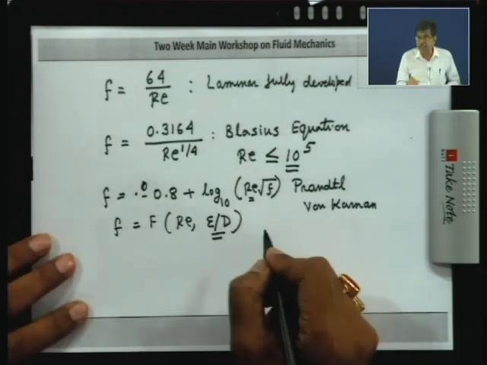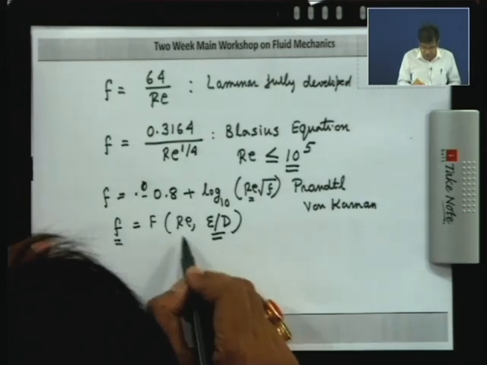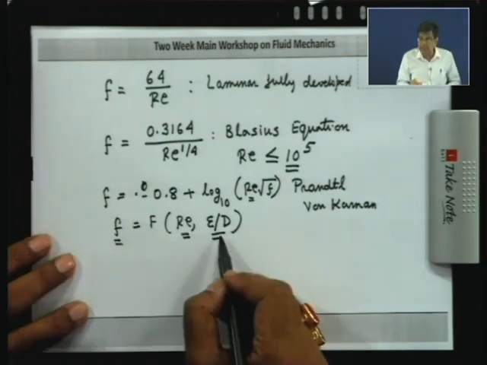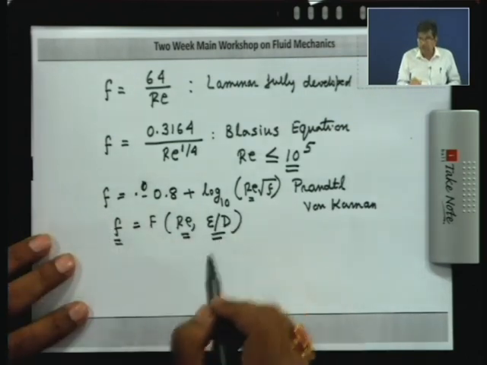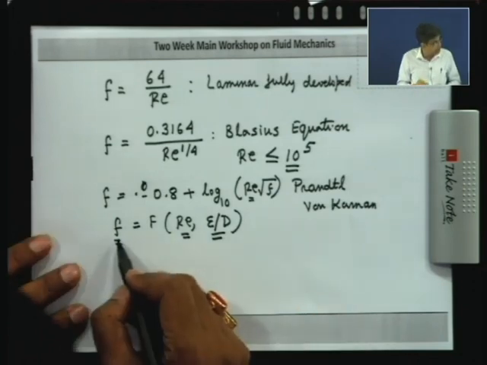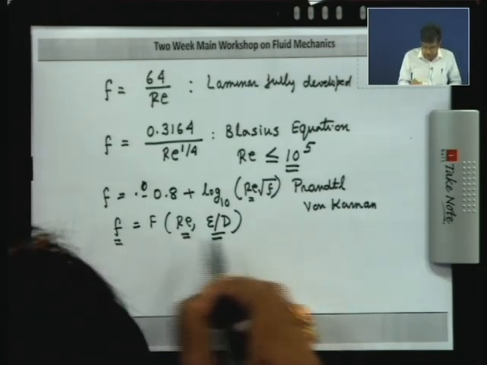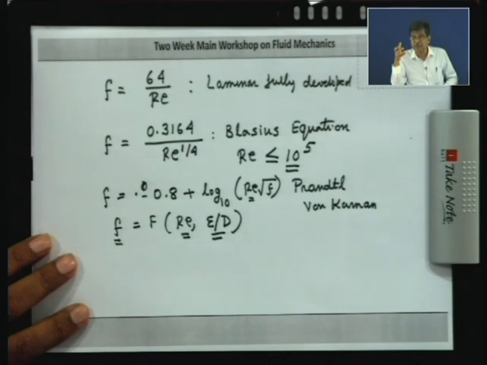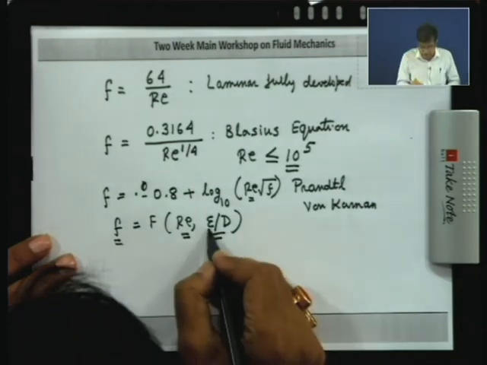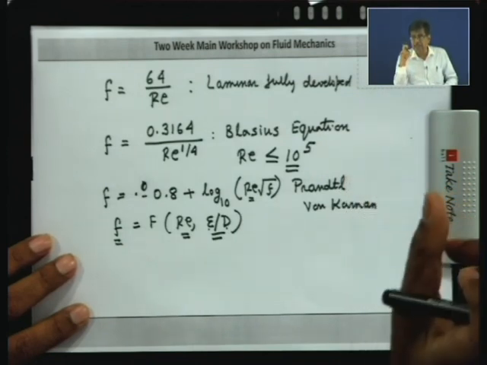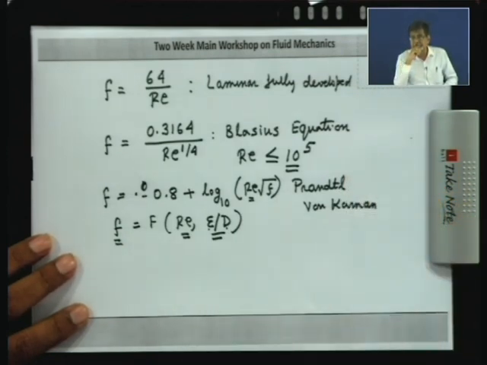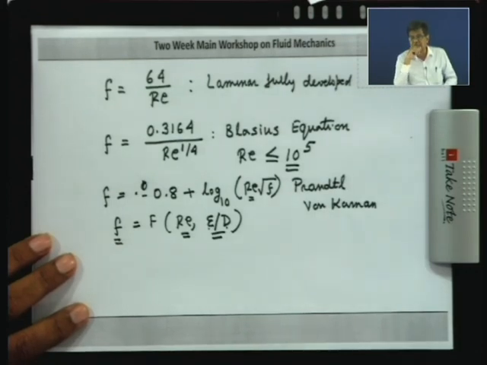It is a non-dimensional parameter, because everything is expressed in terms of dimensionless parameters. Scientists and engineers try to develop an expression between the friction coefficient, the Reynolds number, and the relative surface roughness, that is, the average surface roughness divided by the hydraulic diameter or the diameter of the pipe. This average surface roughness is some average of the varying roughness in the commercial pipe.